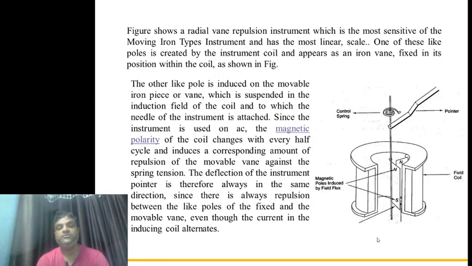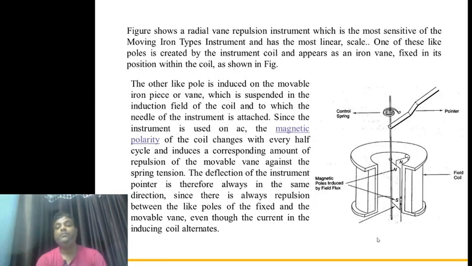Since the instrument is used on AC, the magnetic polarity of the coil changes with every half cycle and induces a corresponding amount of repulsion of a movable vane against the spring tension. The deflection of the instrument pointer is therefore always in the same direction, since there is always repulsion between the like poles of the fixed and the movable vane, even though the current in the inducing coil alternates.